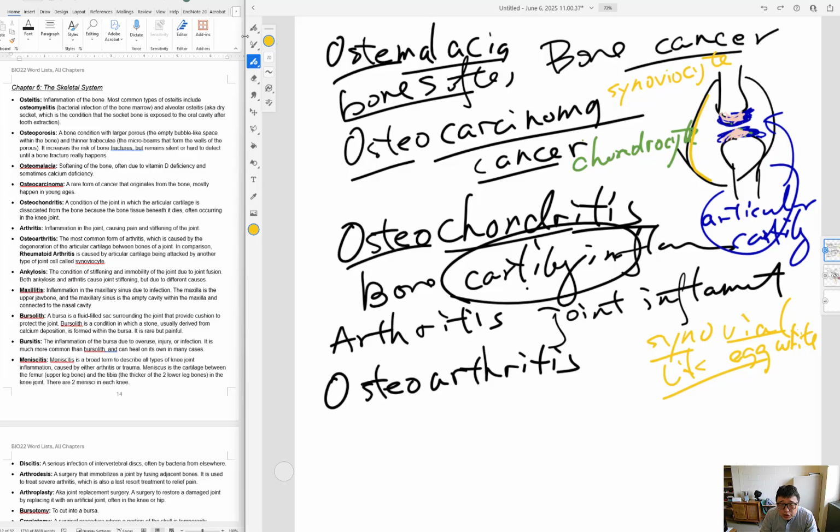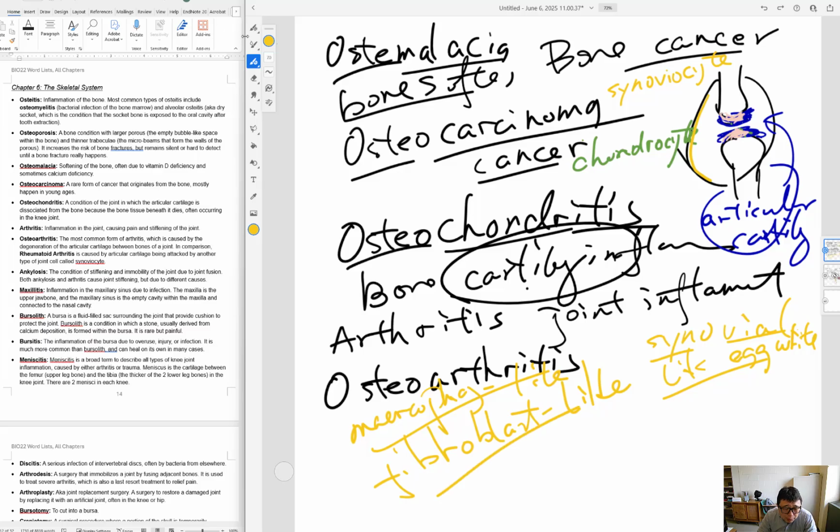These synoviocytes have two major types: macrophage-like synoviocytes and fibroblast-like synoviocytes. Macrophage-like synoviocytes clean up the debris of the cartilage, the garbage. Generally, they will not turn bad.